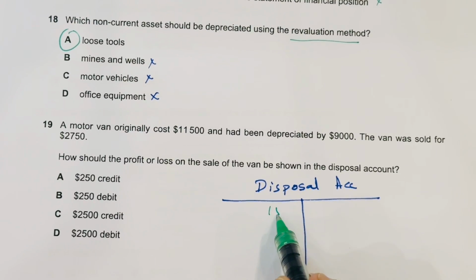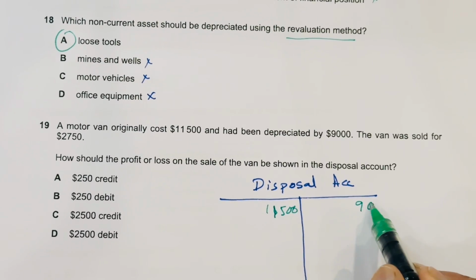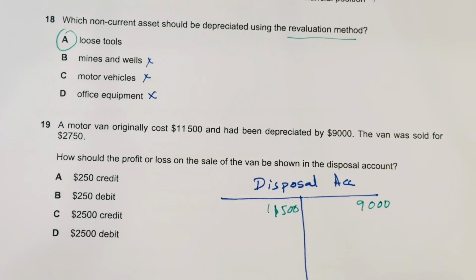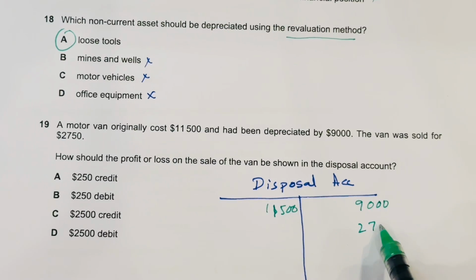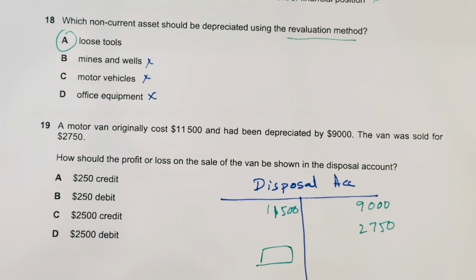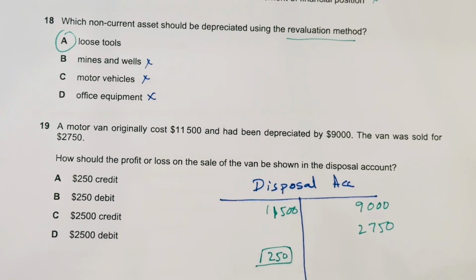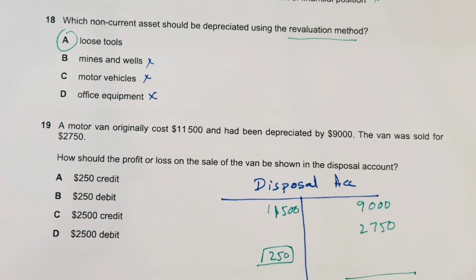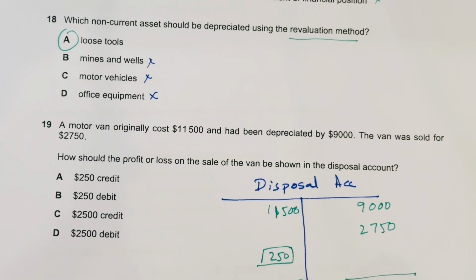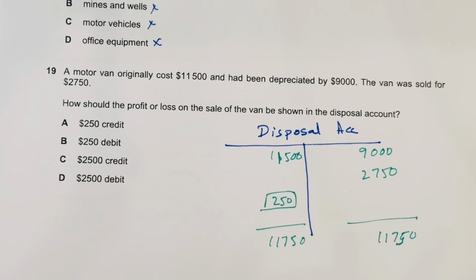Original cost was 11,500 and accumulated depreciation is 9,000, and it is sold at the price of 2,750. What should be the balance? So the balancing figure would be here, and the balancing figure will be 250. After adding 9,000 and 2,750, it would be 11,750. Subtracting 11,500 from 11,750, the answer would be 250.